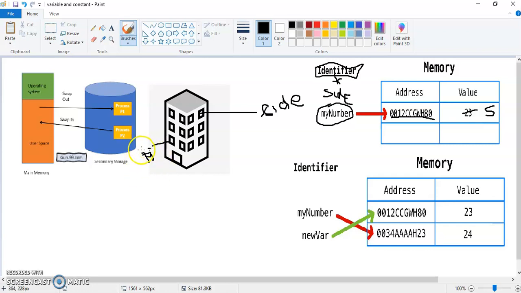So a constant remains the same, but a variable keeps on changing its value. Again, for simplification, variable is extracted from the word vary, so it keeps on changing, and constant means fixed. It won't change during program execution.